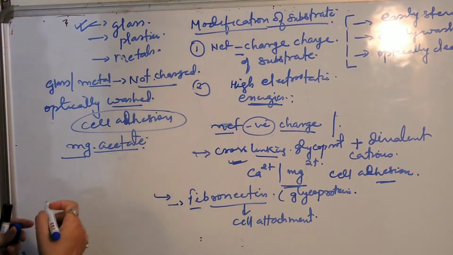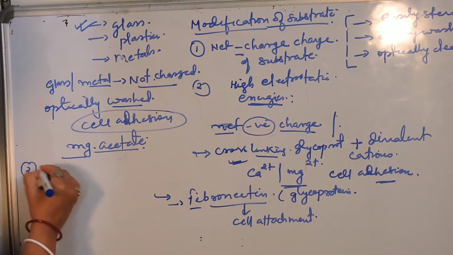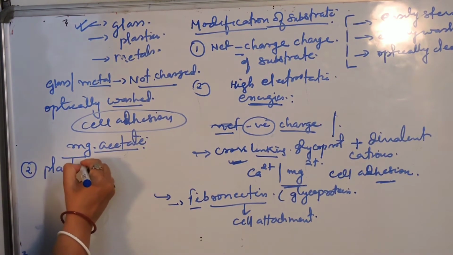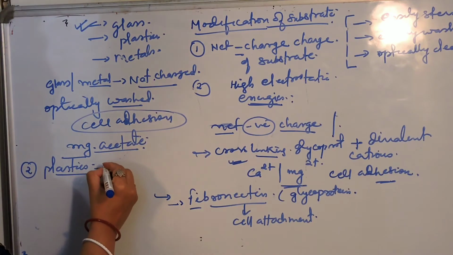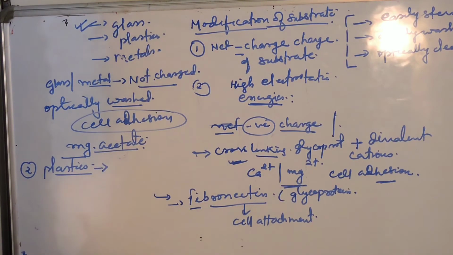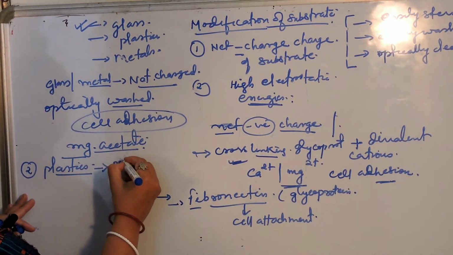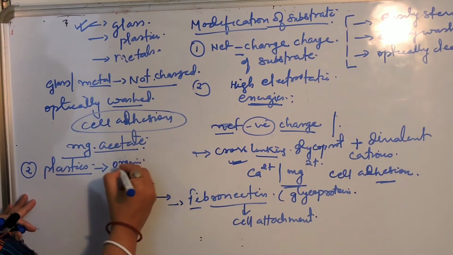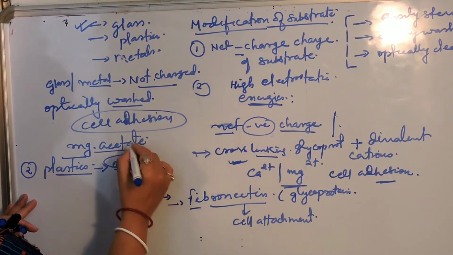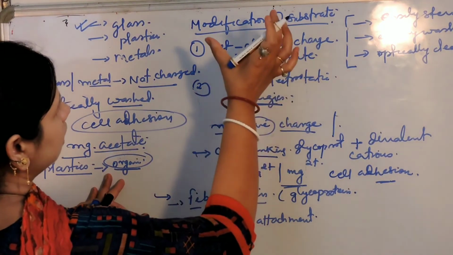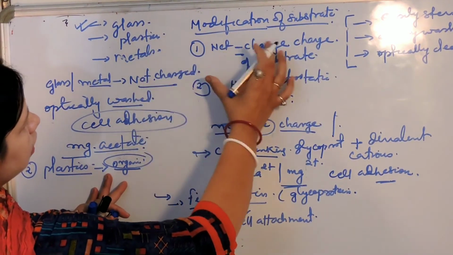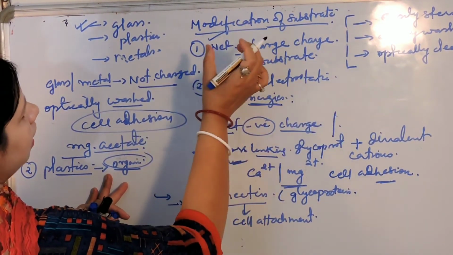Now let's take the example of plastics, which are organic surfaces. They are made negatively charged, because I have told that the prerequisite for a good substrate is that it should have net negative charge.